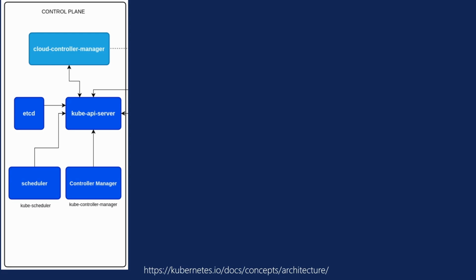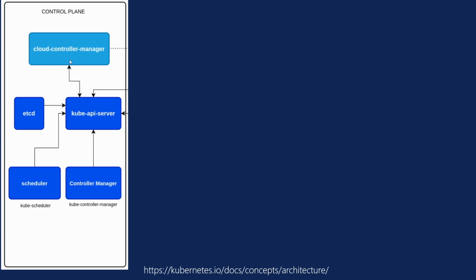But if you are hosting Kubernetes on-prem, normally you are responsible for managing your control plane, including how to manage it, ensure that it has high availability, and so on. But let's speak about the small components.